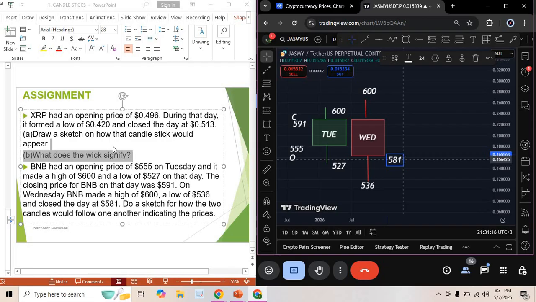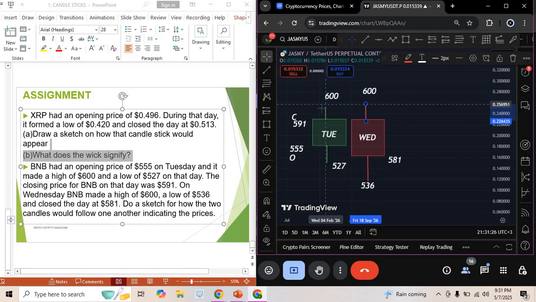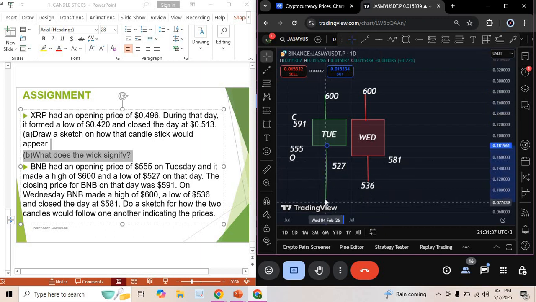Yes, that's actually true. No wonder I mentioned if you are drawing it up to scale, these two also should be the same because the highest price is 600. So you have to make this the same height. Then if this is 527 and this 536, it should be lower like that. If you do 581 perfectly, it should be somewhere here.